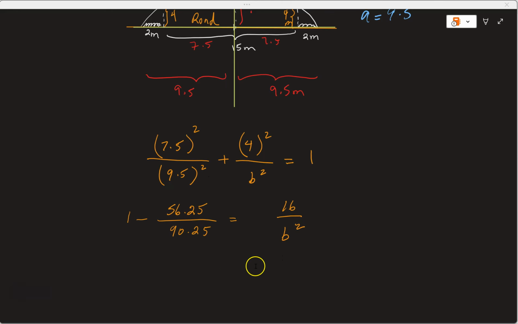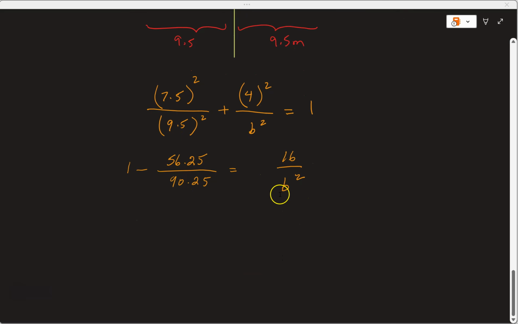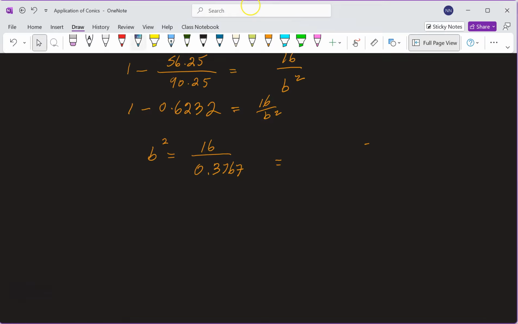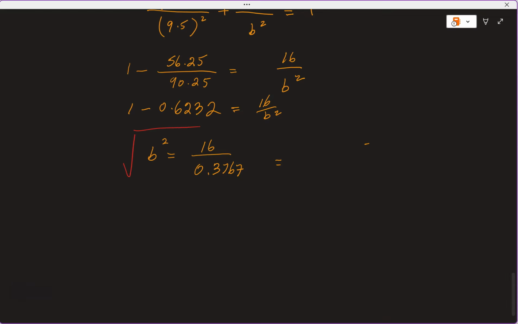Now we rearrange and solve for b squared. You do the math and isolate, and you get b squared equal to 16 over 0.3767. Remember, when you get that, you want the value of b, so you have to take the square root of both sides. Your final answer will be plus or minus 42.47 meters.